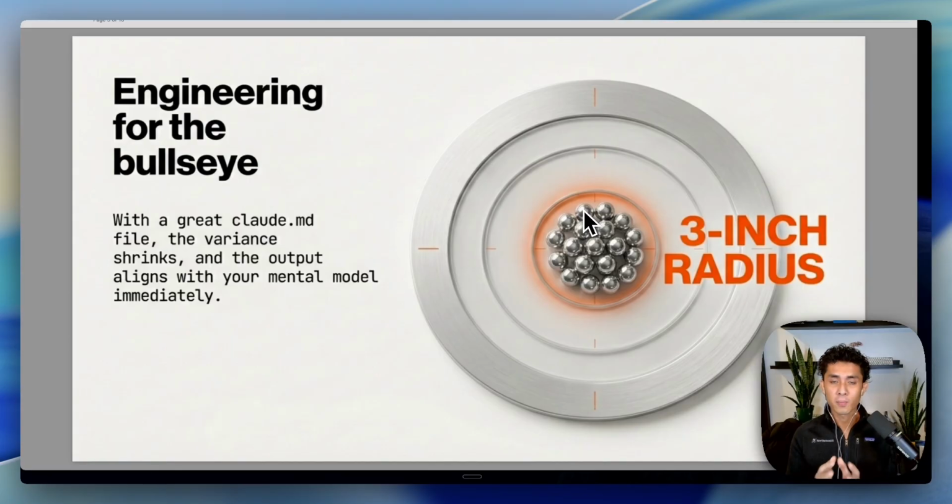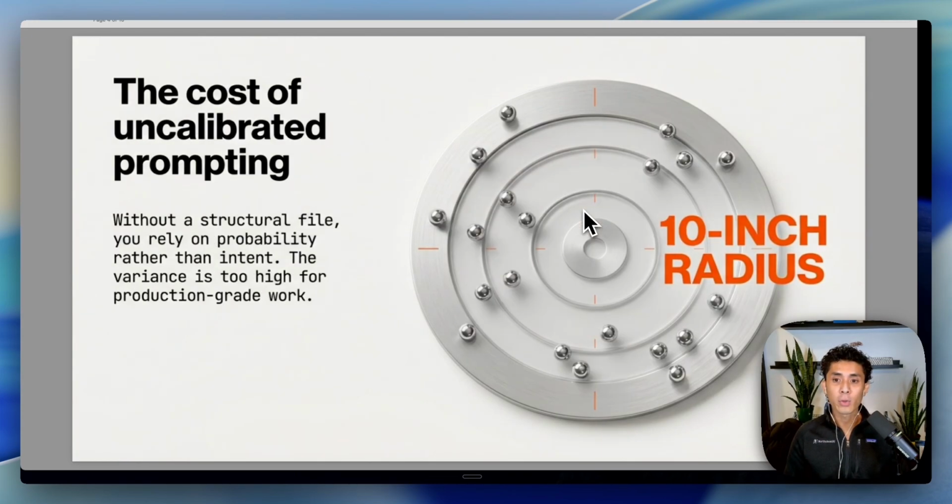To summarize, the Claude.md file gets you as close to the bullseye as possible, and then from there you can tweak it to actually get there. But without a Claude.md file, your output is so far off the mark that it's going to take forever to get the output that you actually want.